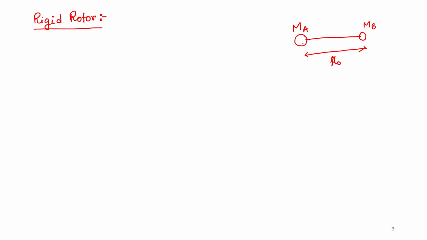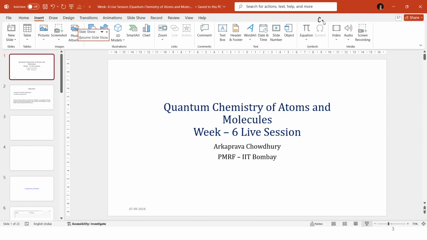The center of mass is supposed to be near the atom which has the higher mass, right? So the center of mass will be something around here, if my MA is greater than MB. So this is my center of mass.